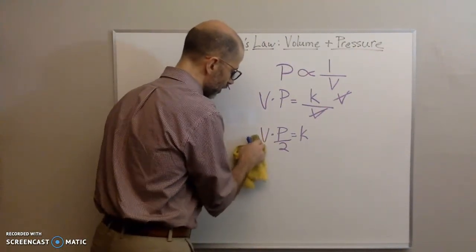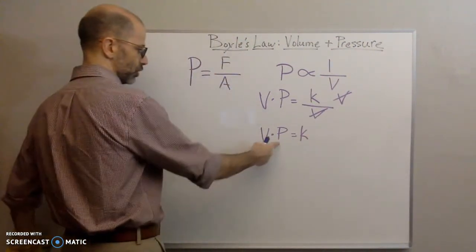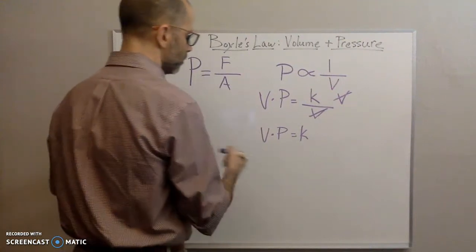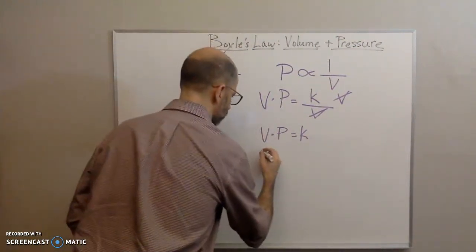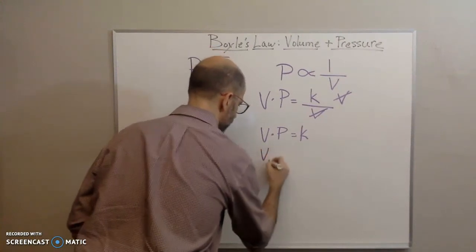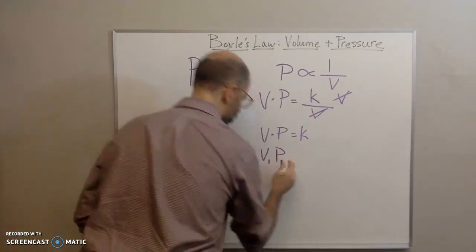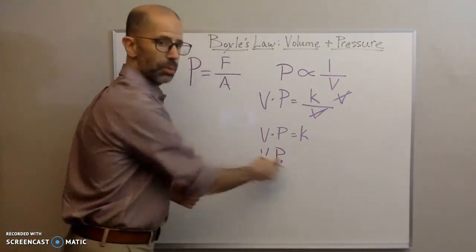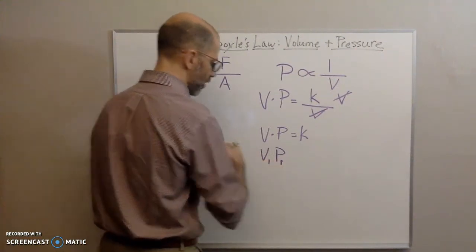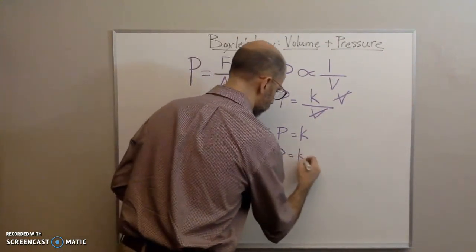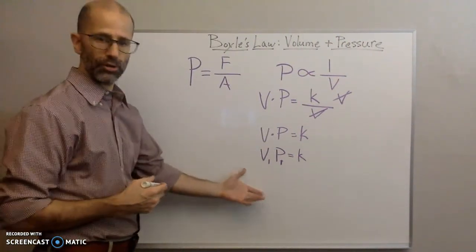So if the volume and pressure change, if I start with an initial volume and initial pressure, we'll call those P1, V1, and this is equal to K. And let's say I change the volume to some other volume.